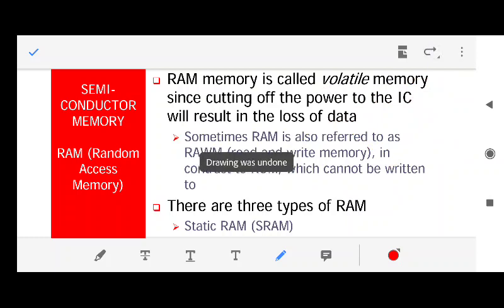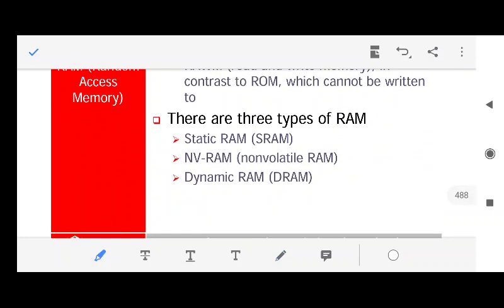There is one more way of defining RAM, and that is the speed with which the RAM is designed. In terms of speed, you have three types of RAM: static RAM, non-volatile RAM, and dynamic RAM. The slowest one is non-volatile RAM and the fastest one is dynamic RAM.